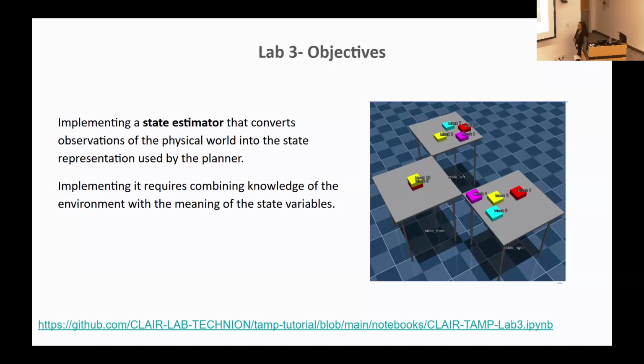So this is the cheat. If you get this from the simulator, this is privileged information that you're not supposed to rely on when you actually want to plan for robots. But here we're going to have some cheats because it is a simulation and we want to focus on some of the aspects. As you can see here, some of the features in the environment are going to be provided.